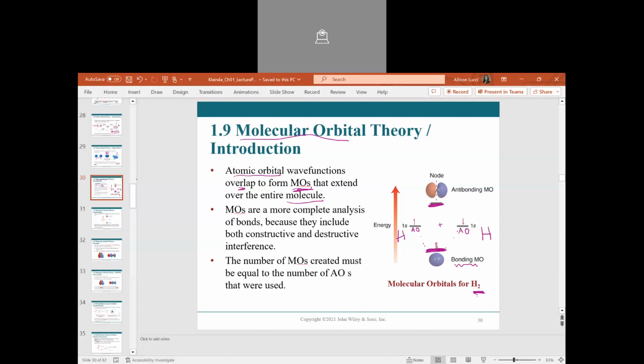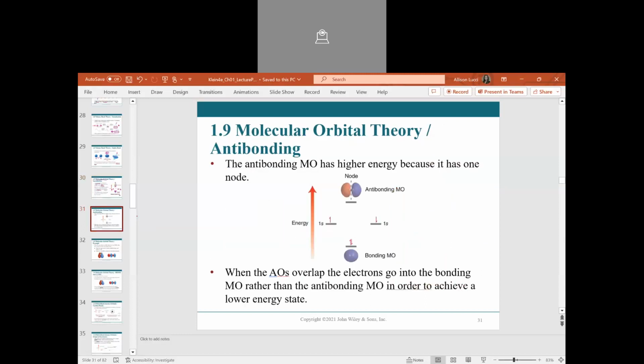This would become a bond due to constructive interference, while the antibonding orbital would be a node formation and indicative of destructive interference. So again, we have this overlap of atomic orbitals, and the electrons go into bonding molecular orbitals rather than antibonding molecular orbitals to achieve the lowest energy state.